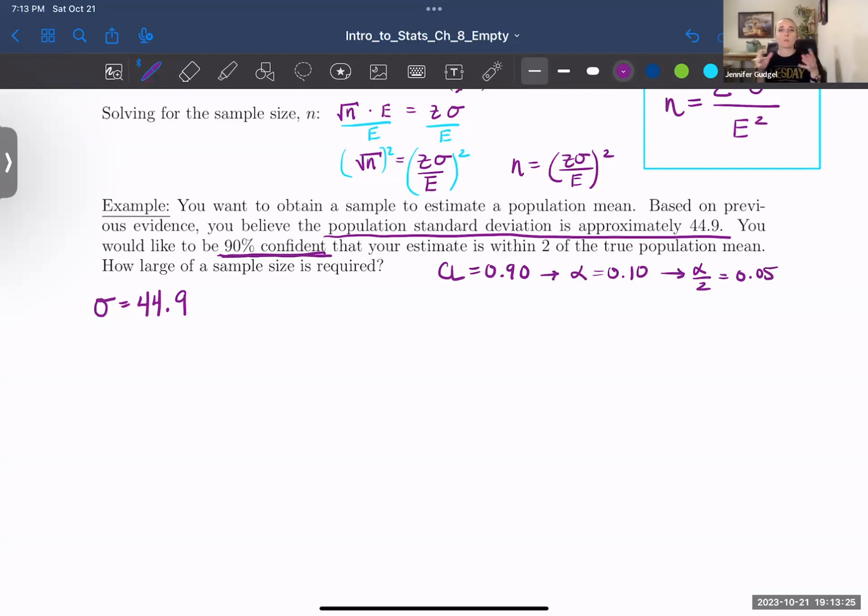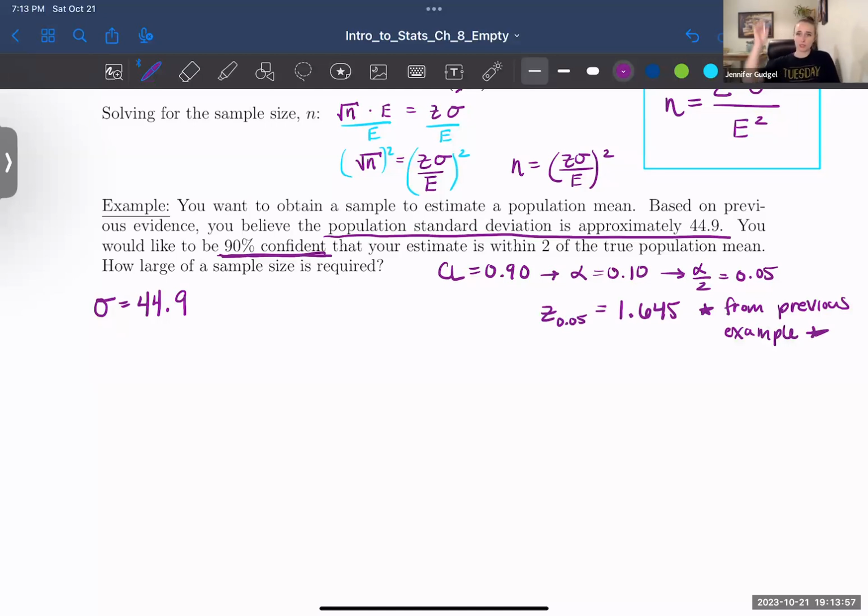Remember this was back where we used that normal curve to get that corresponding z-score. From a 90% confidence interval, that's where this z-score came from. And if we go back in our notes, that z-score was 1.645. That was from a previous example, towards the very beginning of our chapter 8 notes, if you need to go back and look at that.